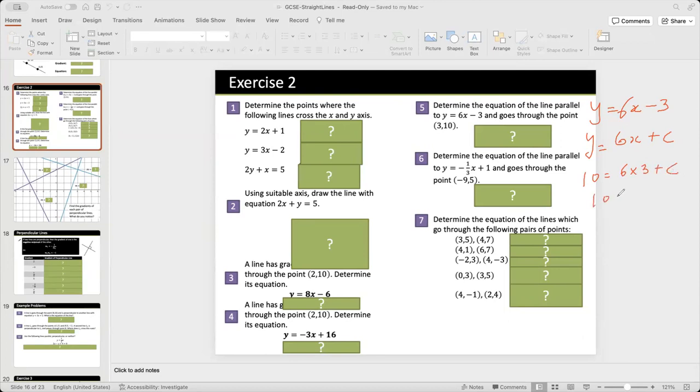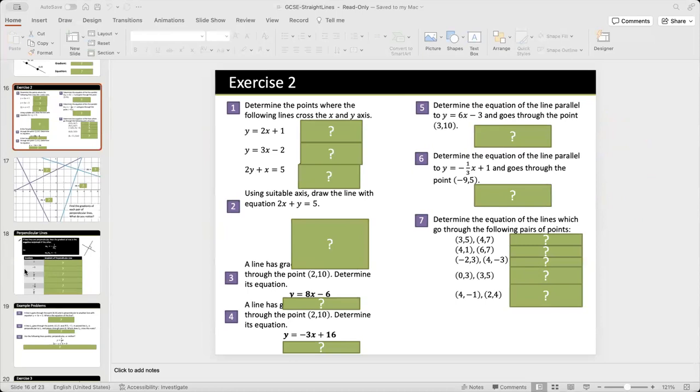So 10 equals 18 plus c. c equals minus 8. So the equation is going to be y equals 6x minus 8. So you can have a go on the other ones too and see how it goes.